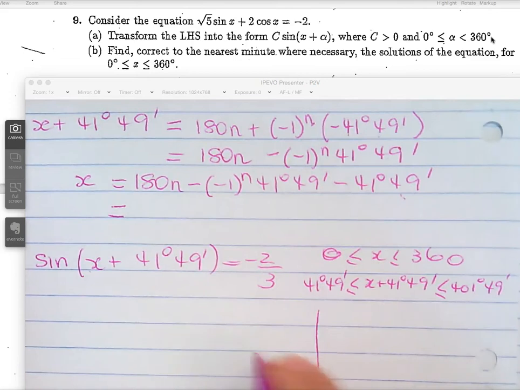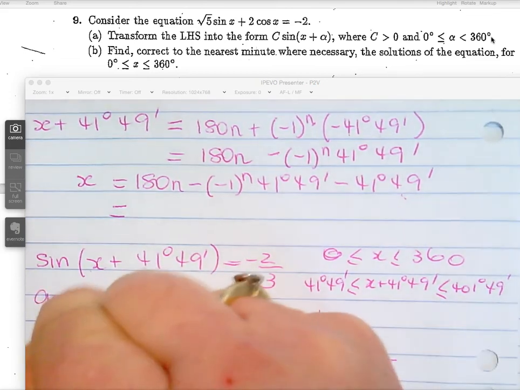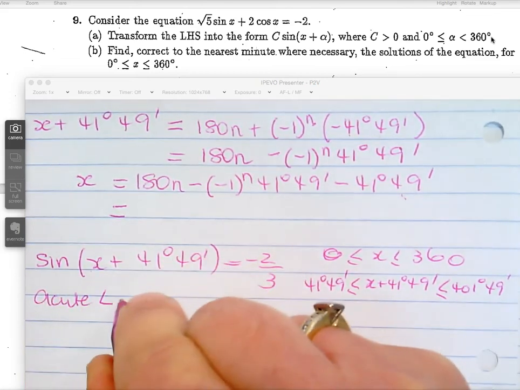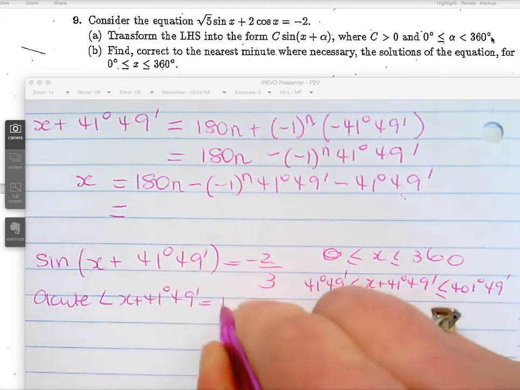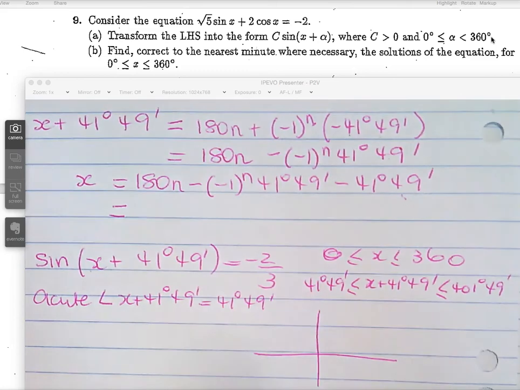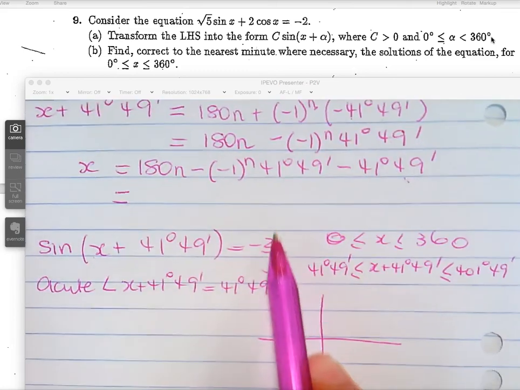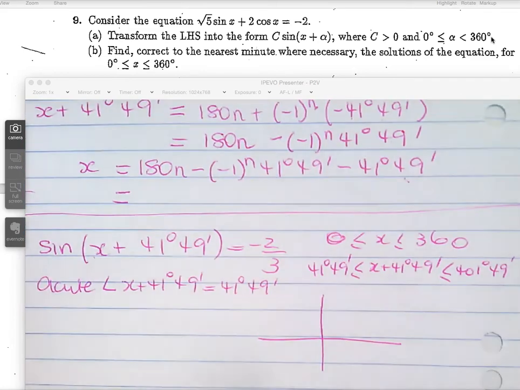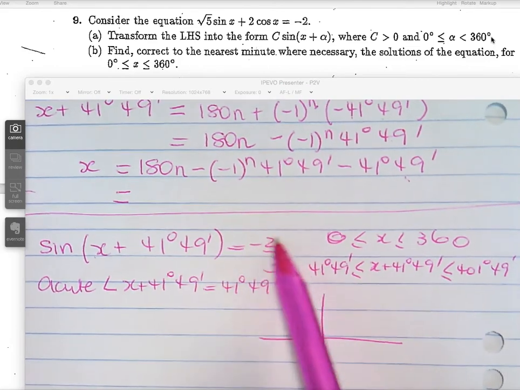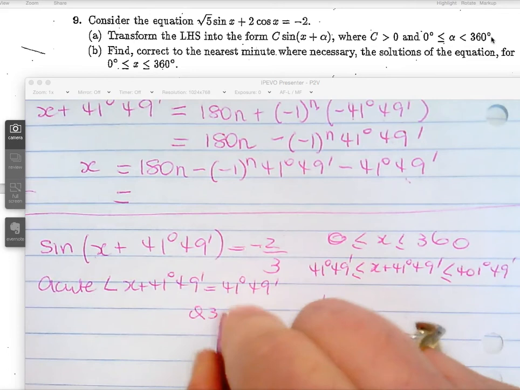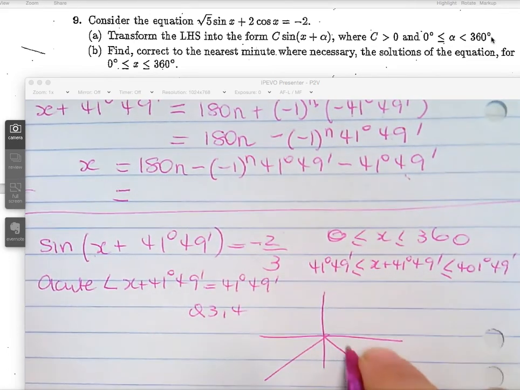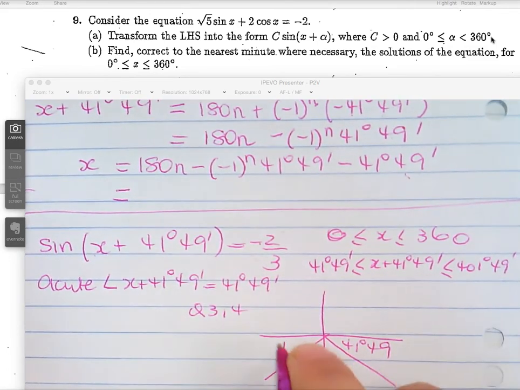So you draw your triangle. We know that the acute angle of that happened to be 41/49. So what quadrants are you in? This is just solving for 0 to 360. What quadrants is this negative telling you? 3 and 4. So you put your 41/49 in 3 and 4.